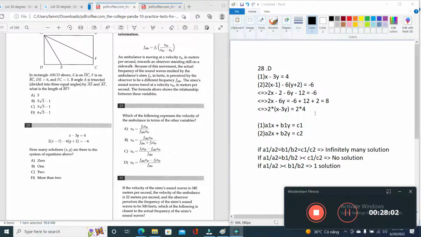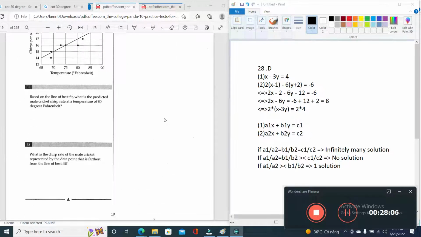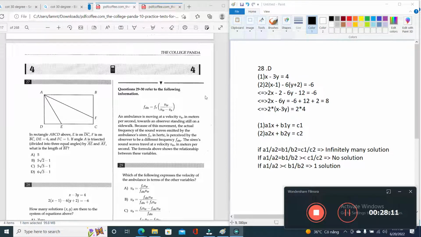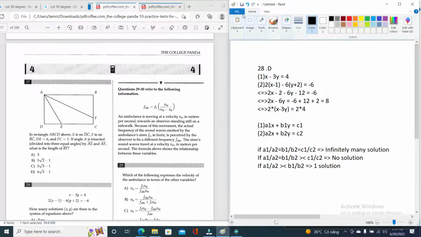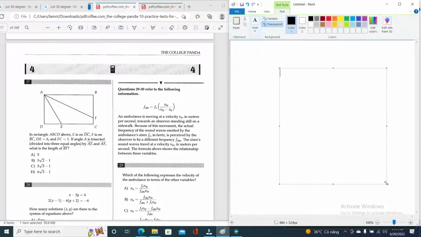Okay, so that's number 29 and 30. It's almost the end of the test. Only a few left, right? So for number 29, we have the f observed.